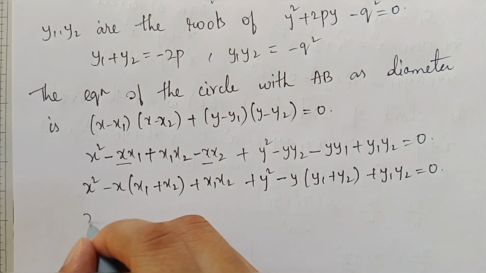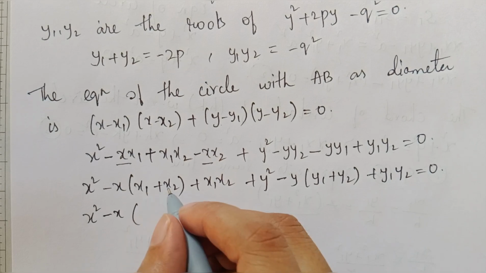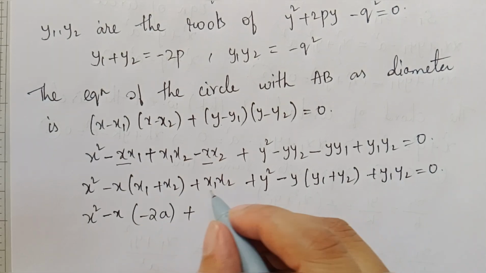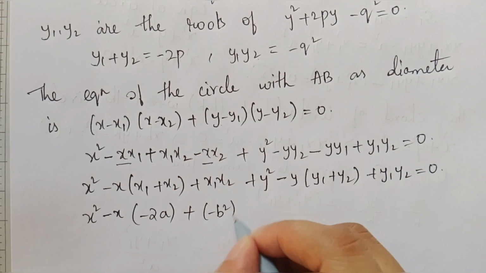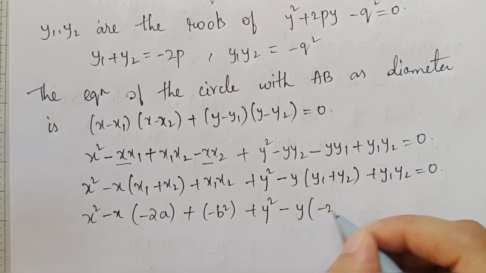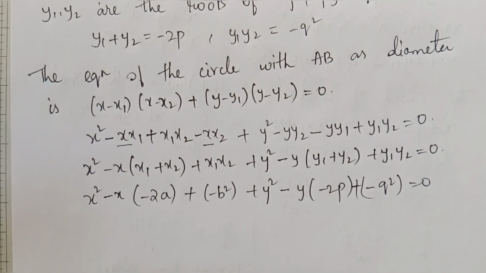So we get x square minus x into the value of x1 plus x2, which is minus 2a, plus the value of x1 into x2, which is minus b square, plus y square minus y into minus 2p, plus minus q square equals 0.